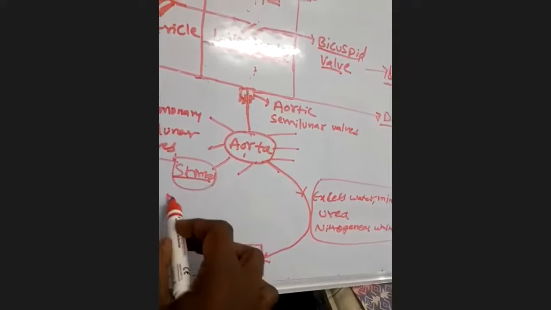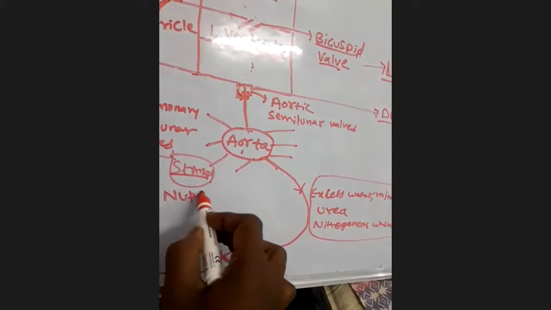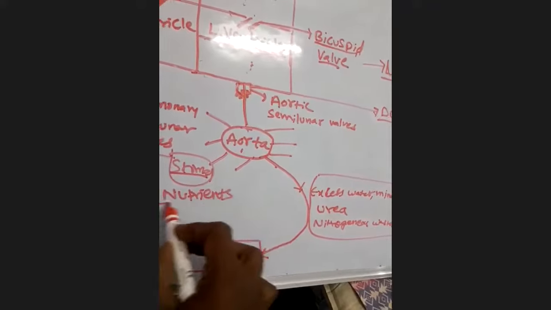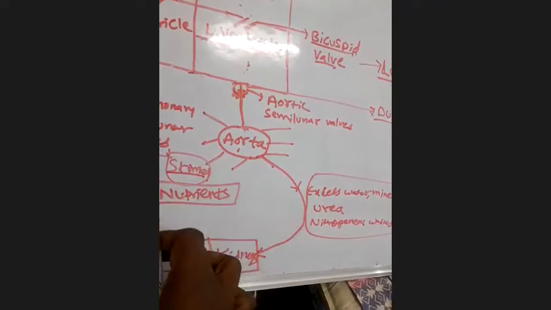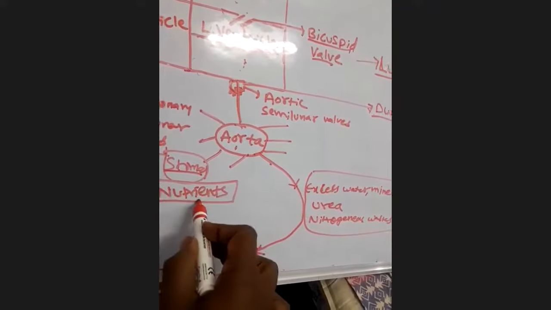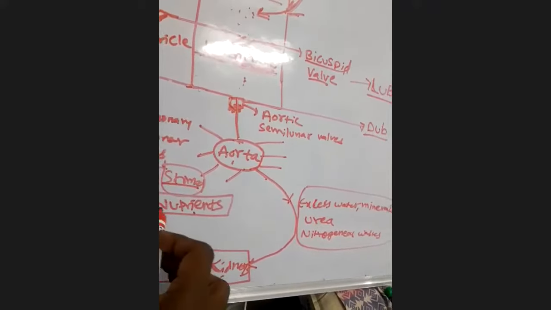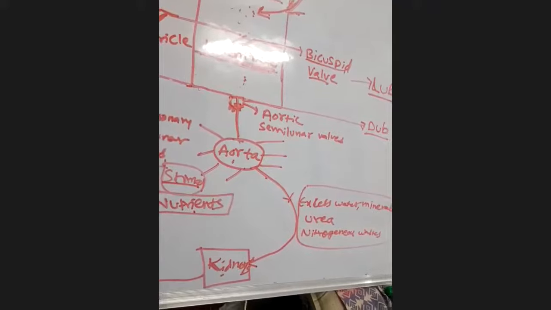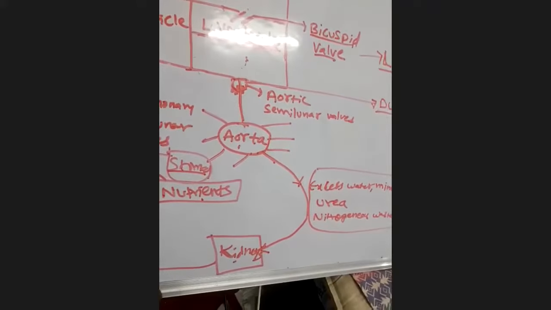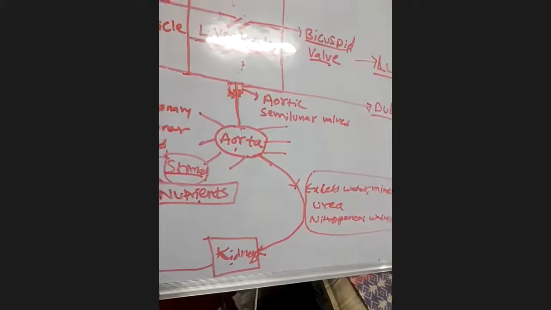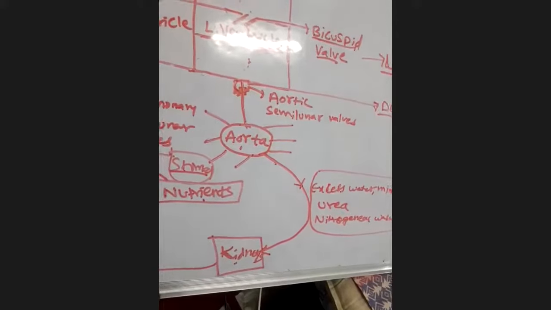So what is happening here? Nutrients will be absorbed here, and that will move into the liver, and from the liver, these nutrients will be mixed up in the bloodstream.